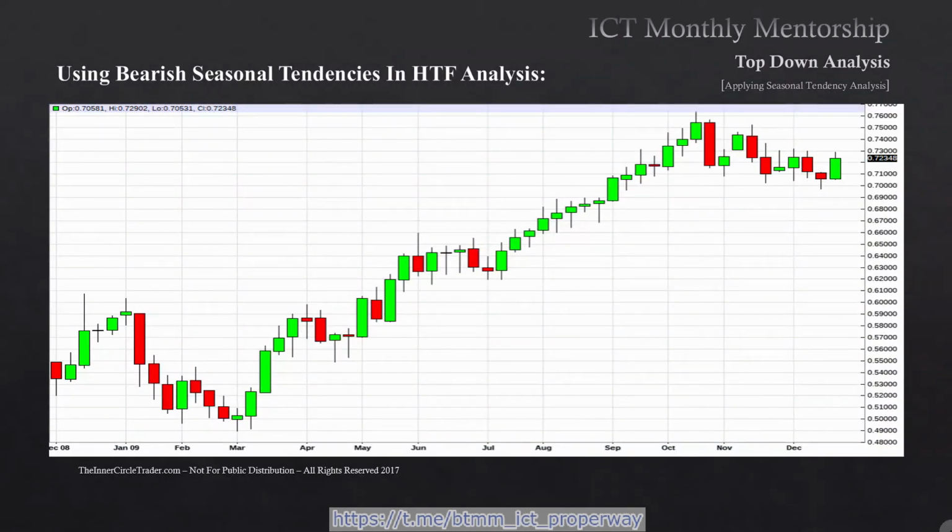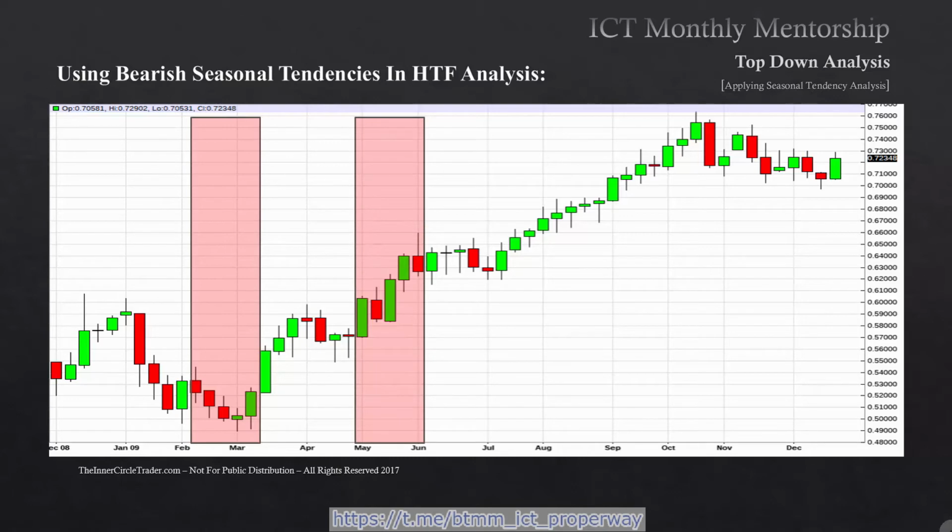Here's 2009, and we can see the sell-off between mid-February going into March. That decline in there was 600 pips. And we see also during the May period, we did not get any decline at all on the bear side.